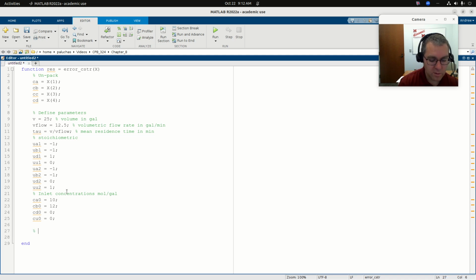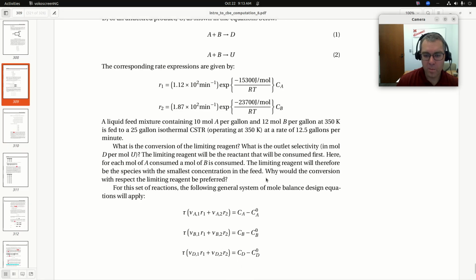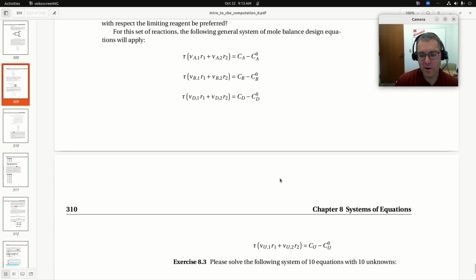Okay. So now I'm going to write out my system of error functions. I'm going to write to the first, second, third, and fourth element of my output variable. Now when I do that, remember with fsolve, just like fzero, I need to take my error functions and write them so that they evaluate to 0 when I find my solution.